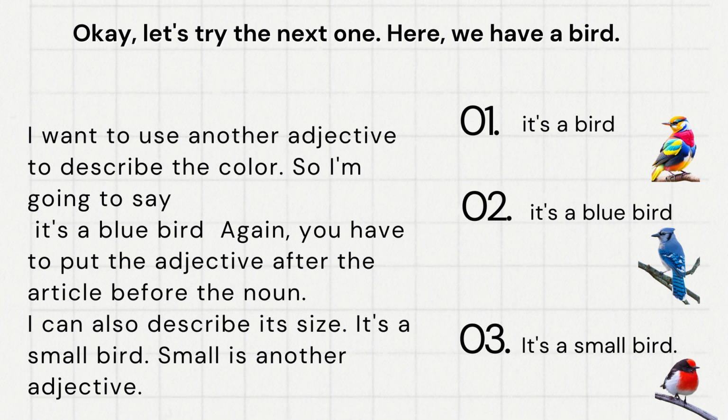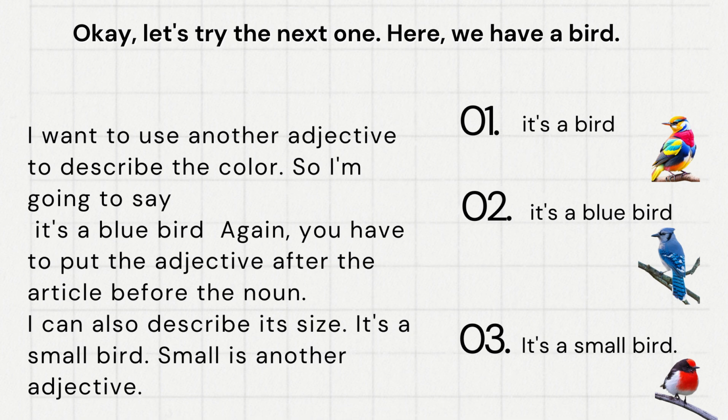Here we have a bird. So it's a bird. Now I want to use another adjective to describe the color. So I'm going to say it's a blue bird.